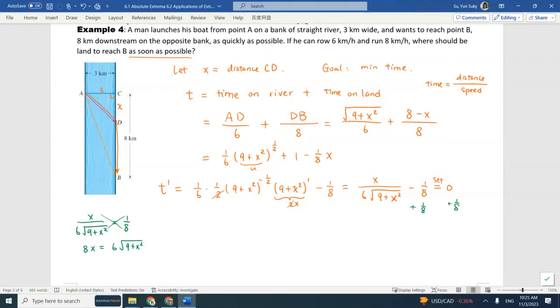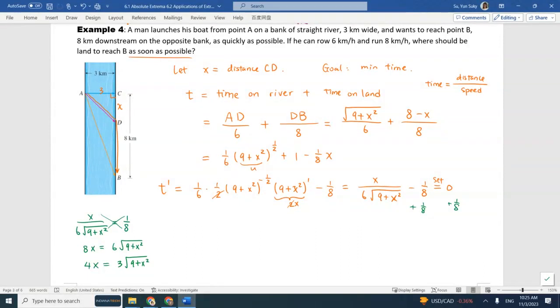Do you see 8 and 6? We have common factor 2. Divided by 2, what do you get? Get 4x equals 3 square root of 9 plus x squared.